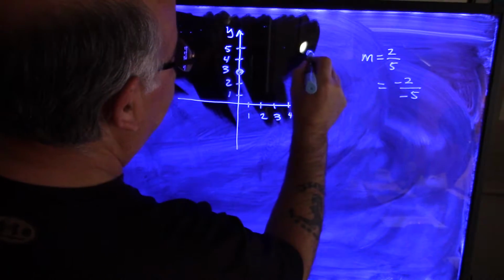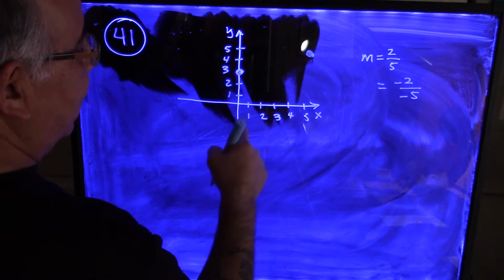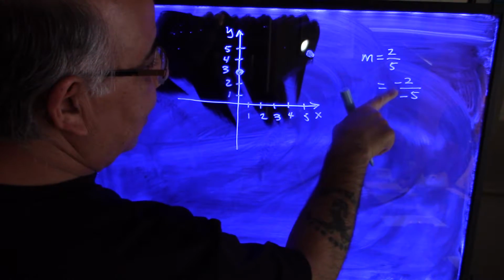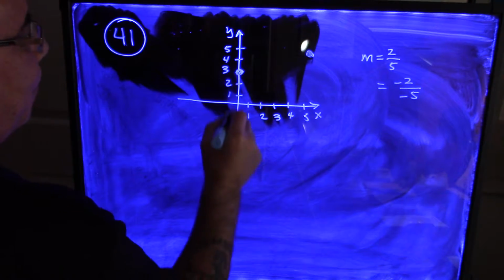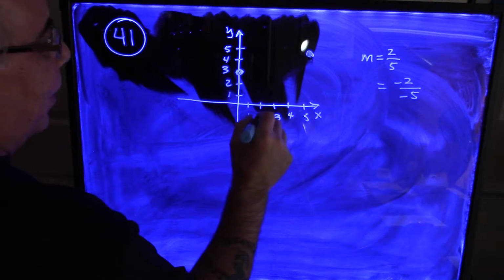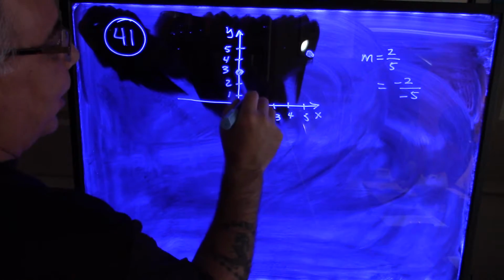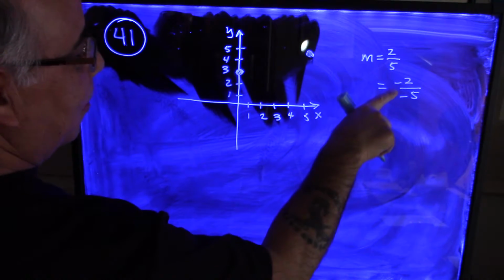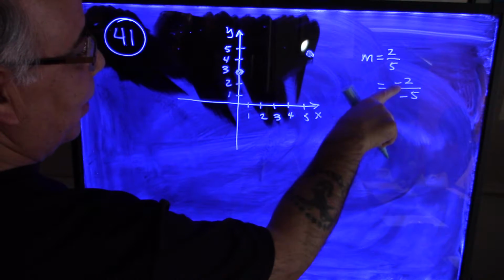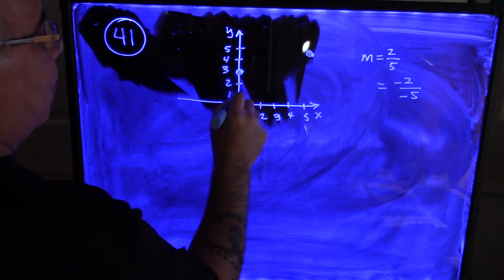Now if you run out of space over here, you can go the other direction by using this expression, negative 2 over negative 5. So you might have more room going this way than you do that way. You start at the y-intercept, or whatever point they give you. It can be any point on the line, and then you go down 2, because it's a negative 2. Rise of negative 2 means you go down 2, 1, 2.